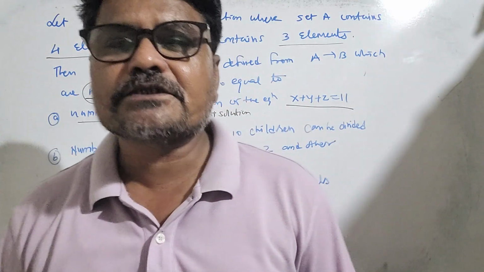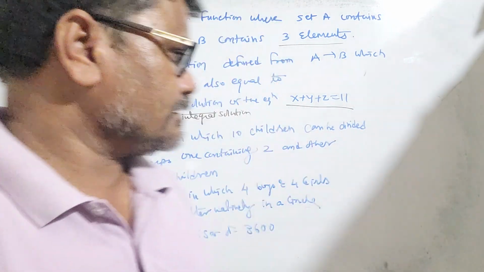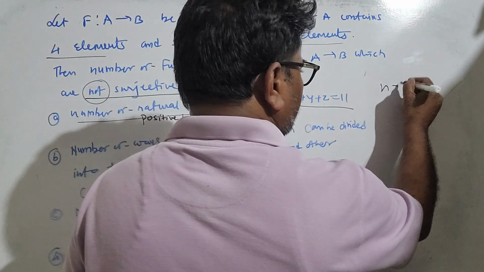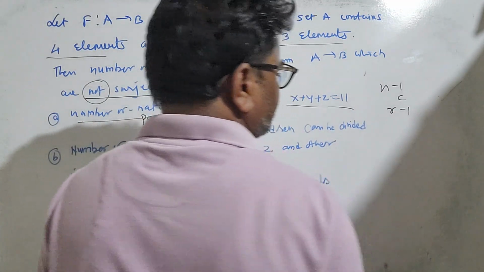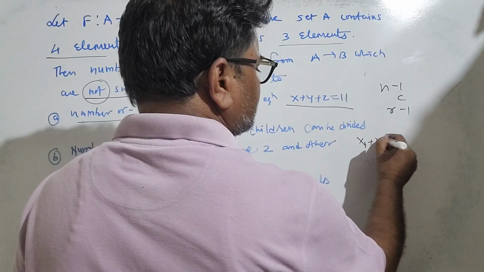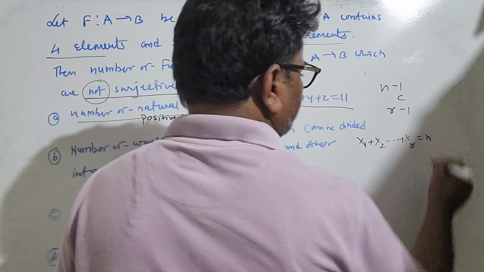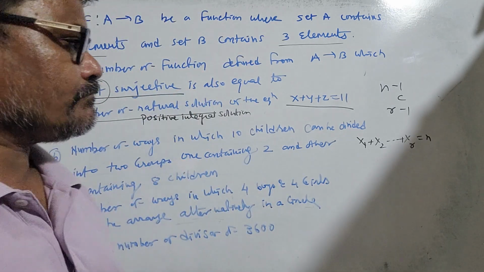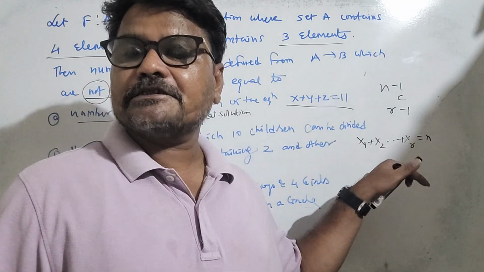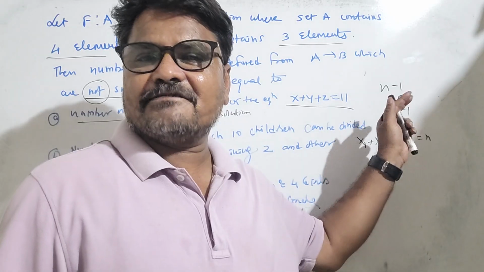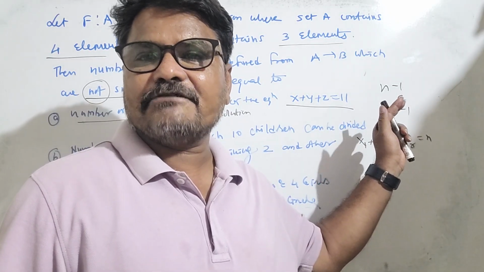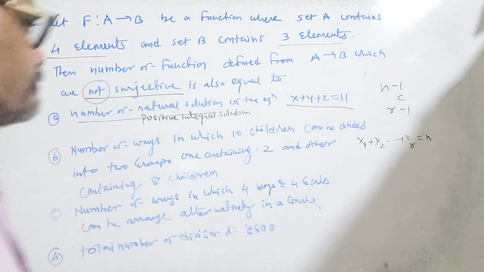Natural solution means positive integral solution, correct? That formula is there, na? n minus 1 C r minus 1 for the equation x1 plus x2 up to xr equal to n. So for this equation, the number of positive integral solutions is a very common topic in JEE Advanced examination, correct? Fine.